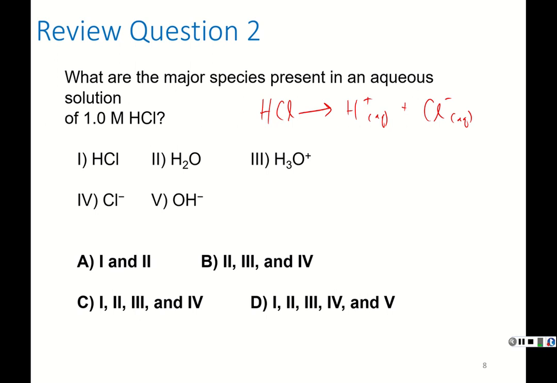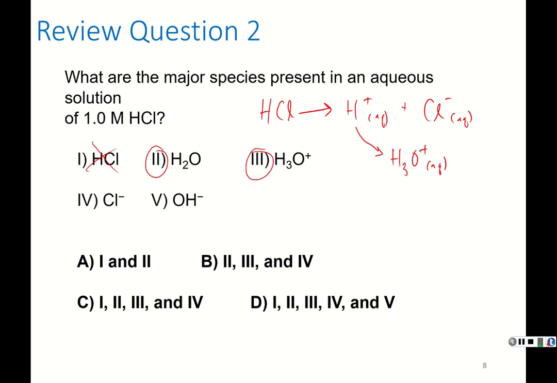It has fully dissociated. And when H plus is in solution, remember you actually are forming hydronium ions with those H pluses. Okay. So the major species present in a 1 molar solution of this, you don't have any HCl left. Okay, so that's not a major species. H2O, yes, because it's an aqueous solution, you have water there.